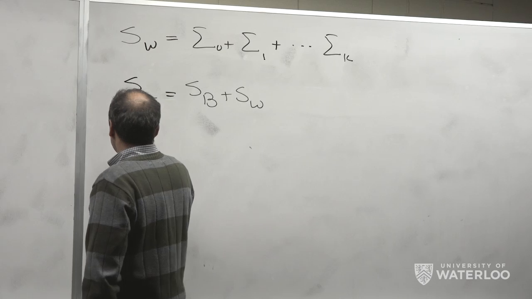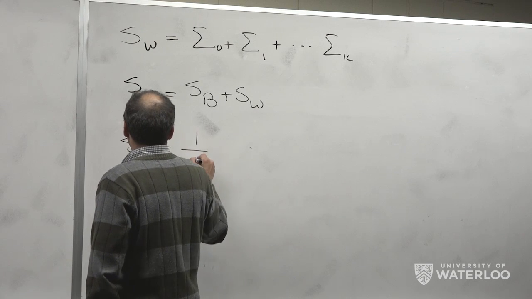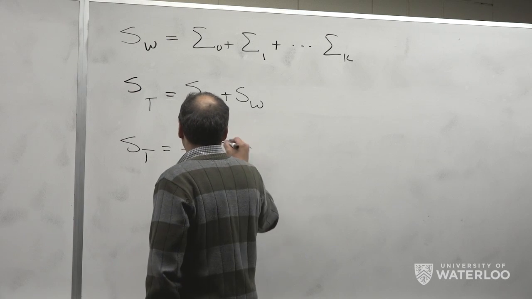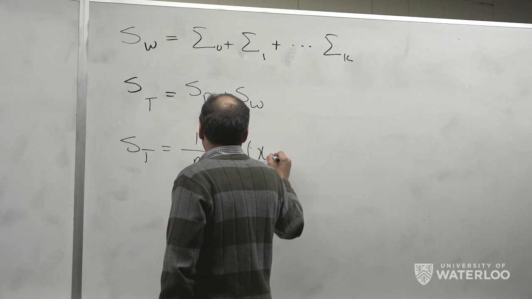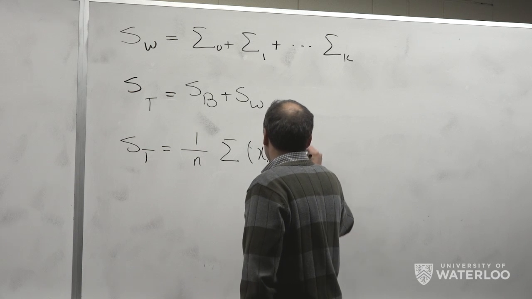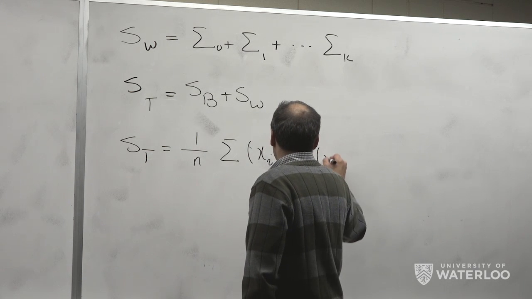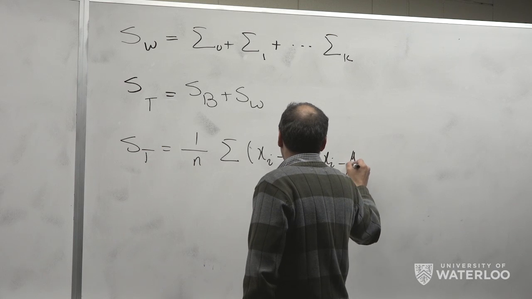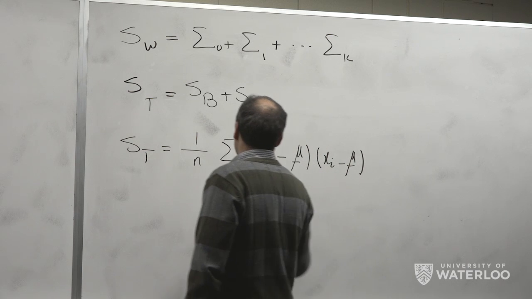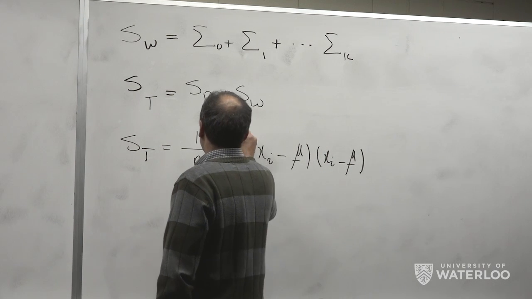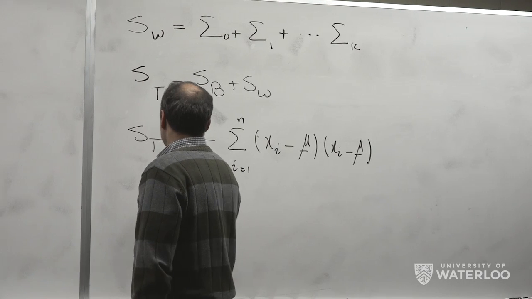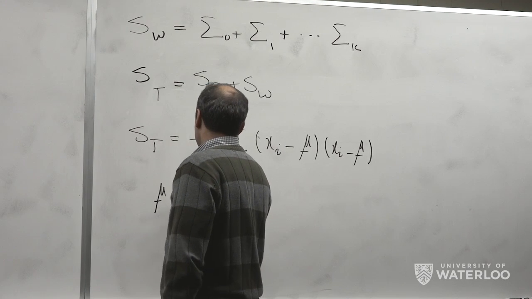So ST, when you have n data points, would be 1 over n sigma of xi minus mu times xi minus mu transpose, i equals 1 to n, and mu is basically just the mean.